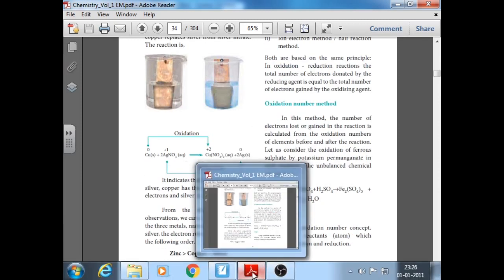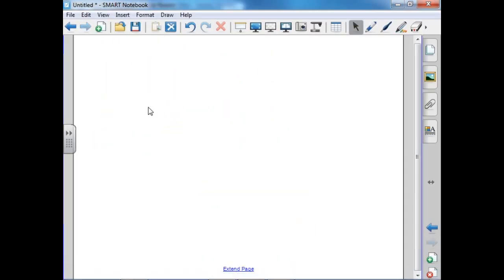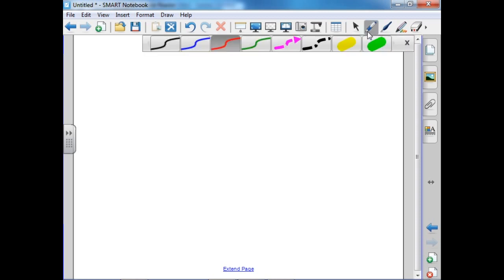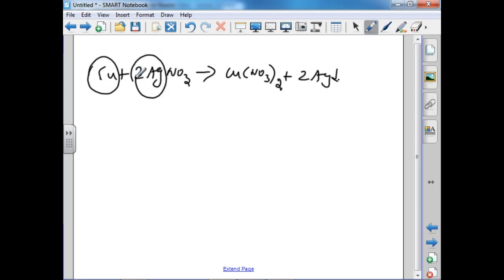From the reaction, copper reacts with silver nitrate, it gives copper nitrate and displaces the silver. So simply the copper displaces the silver from the silver nitrate solution, but the reverse process is not possible.